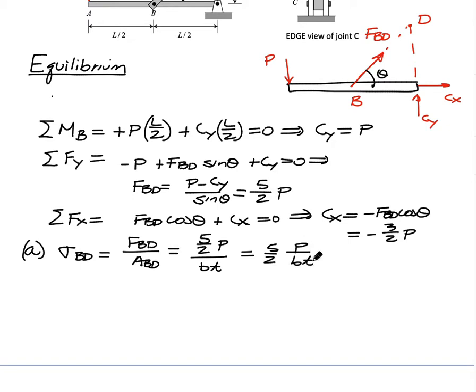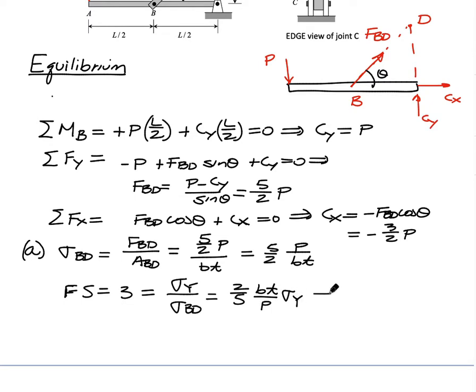What we want to do is give it a factor of safety of 3. The factor of safety here, since we're concerned about failure due to yielding, is going to be the yield strength divided by the stress sigma BD. And so that's going to be 2/5 BT sigma Y divided by P, where sigma Y is the yield strength.